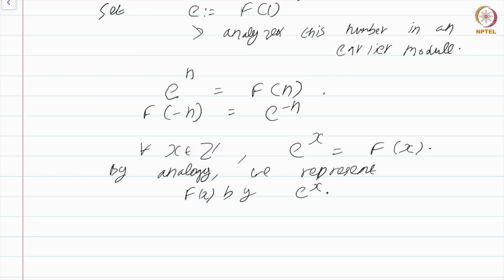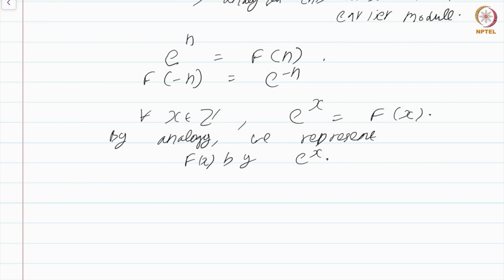We also know how to do it for a rational number, but we don't yet know how to do it for a real number. We have just informally defined it using logarithms as and when needed in earlier modules, but the purpose of this particular set of modules is to make all that rigorous. So by analogy, we are representing f of x by e power x. That's all we are doing.